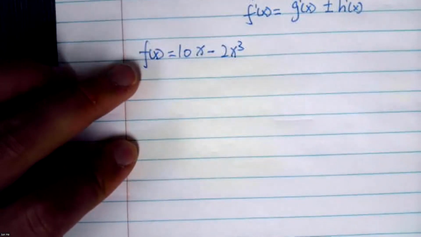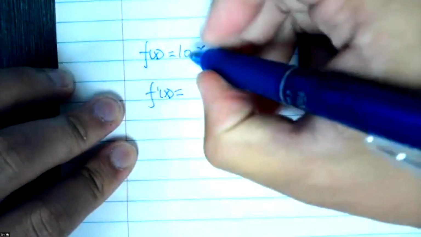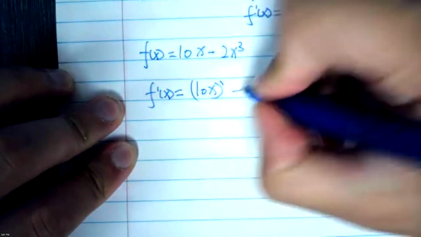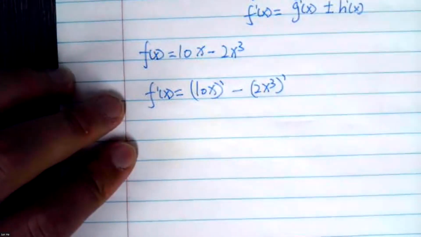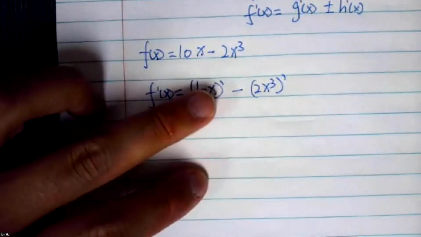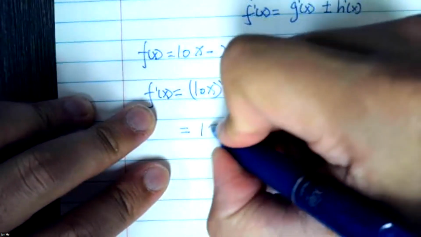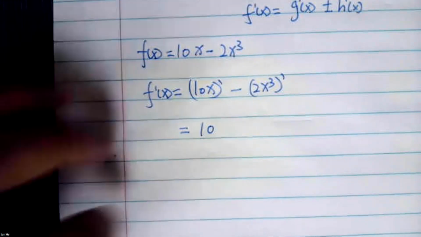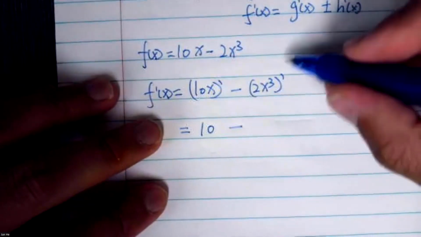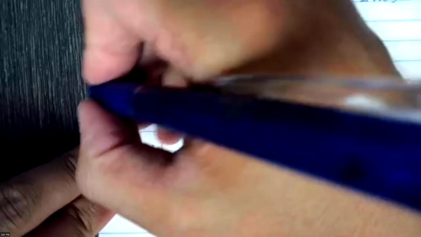Okay, so for this one, its derivative is the derivative of the first one minus the derivative of the second one. Here, prime is used to note the derivative operation. So 10 times x, the derivative of this is just 10, right? Minus, we keep it here. And here, 2 times x cubed. If you don't remember, you can refer to the previous one. It is actually the power rule, right?